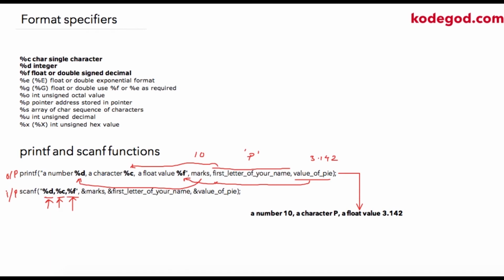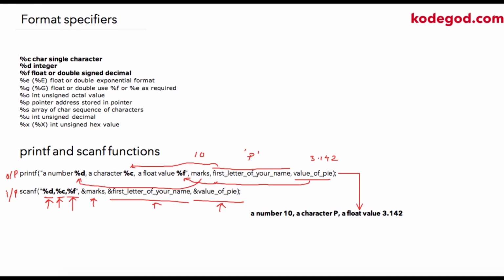When I say %d, I'm going to accept an integer value, %c will be my character value, %f will be a float value, and all these three values will be stored one by one into these respective variables.